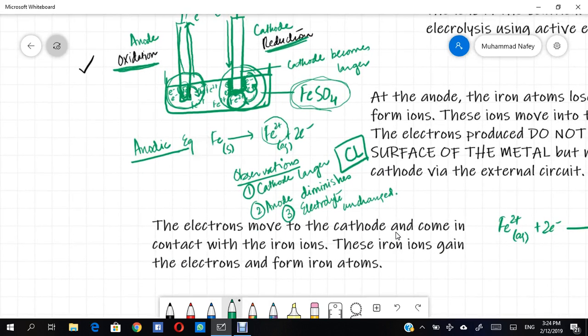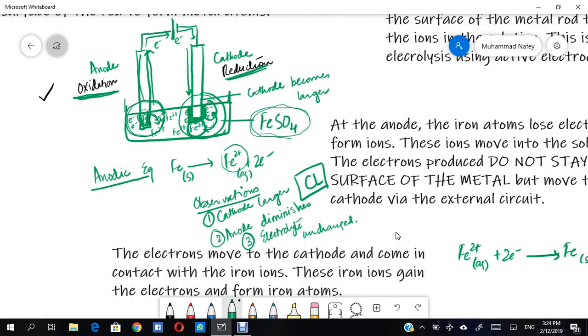On the basis of this, we came to our observations. The first observation is that the cathode is becoming larger. And I told you about Champions League, which is a very nice way to remember what happens in electrolysis using active electrodes. That is Champions League: the cathode becomes larger.